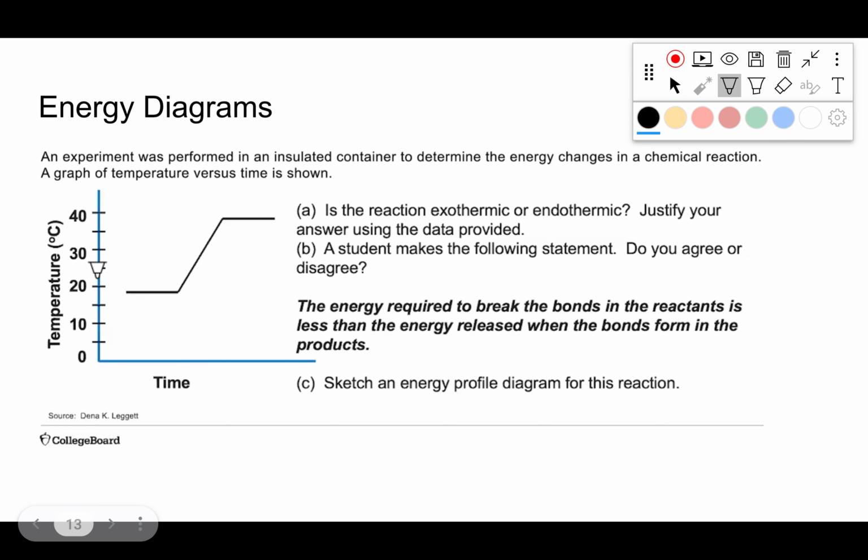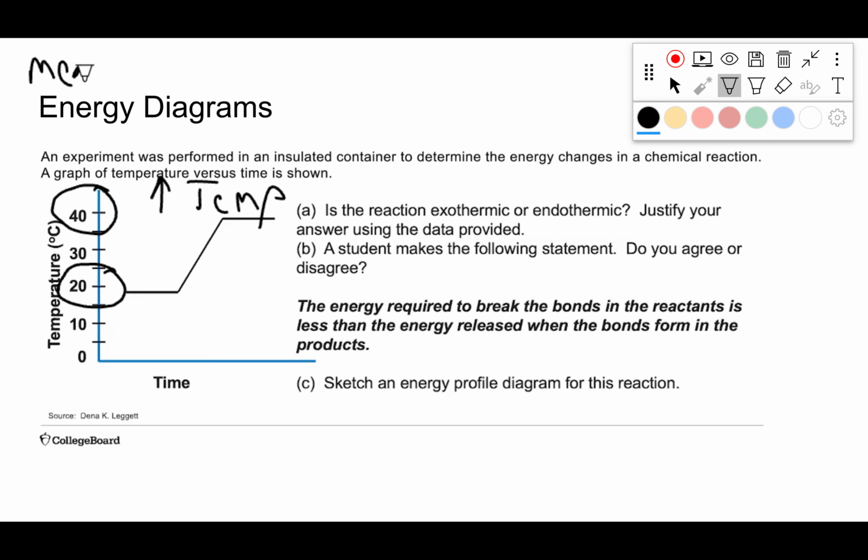So in this reaction, it started at 20 degrees, and we'll just say it goes up to 40. So the temperature increased. Remember, when you measure temperature, you are measuring the surroundings.